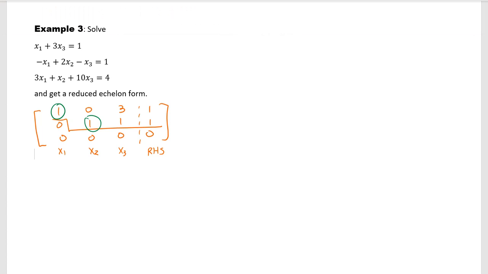The leading entries, these are the two leading entries. The third row has no leading entry. And the first column, that leading entry is the only non-zero entry in that column. The second column also, that leading entry is the only non-zero entry in that column. So this guy is already a reduced echelon form.